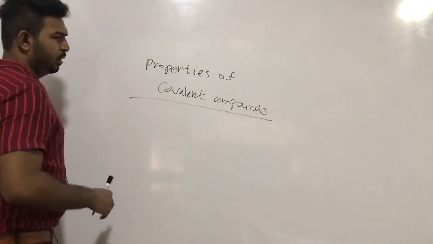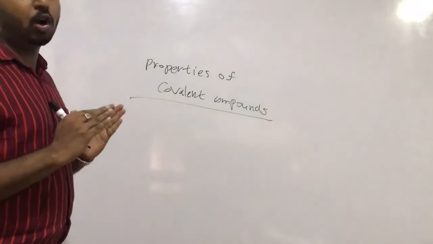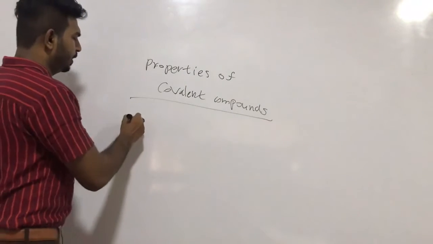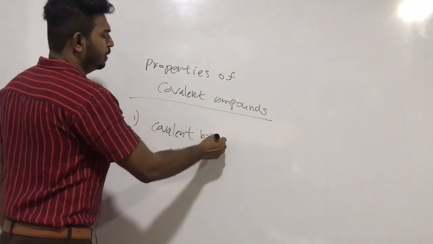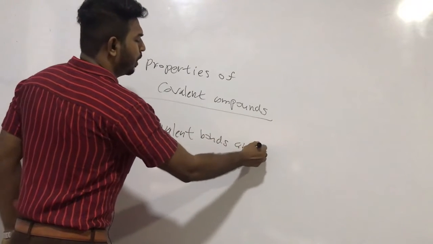We know that normally covalent bonds are very small. The first one is covalent bonds are small.